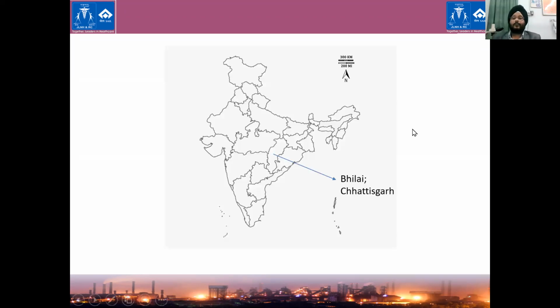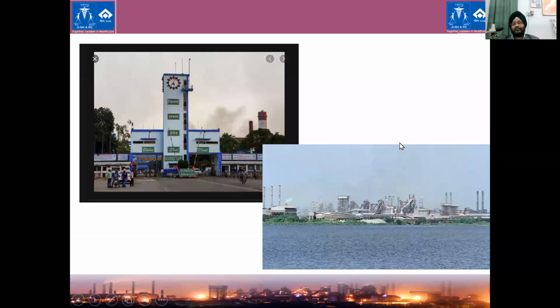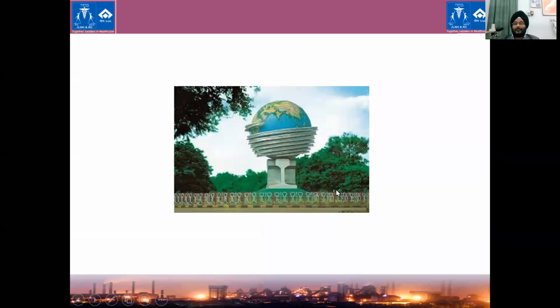Okay. So I'll start with just a brief introduction from where I am. It's Bhilai, Chhattisgarh, as Sunil said. It's a hospital where I work, from Steel Authority of India Limited, Bhilai Steel Plant. This is how our plant looks. It's very picturesque. What we are known for is making of rails, and in fact, the amount of rails that we have made can circumvent the globe many times.